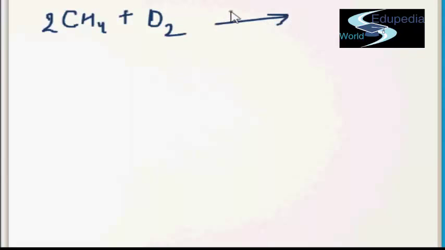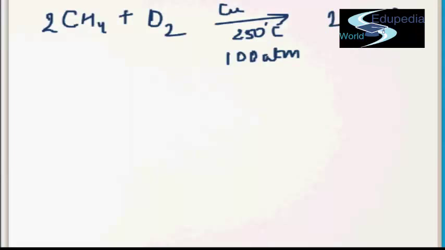CH4, that is methane, with copper as a catalyst at 250 degrees Celsius and 100 atmospheric pressure, will form methanol, 2CH3OH.